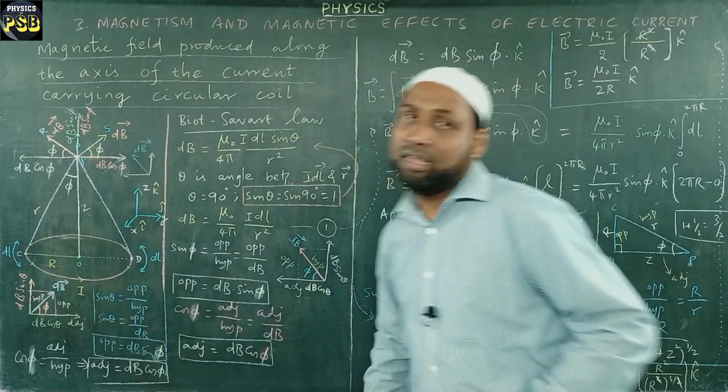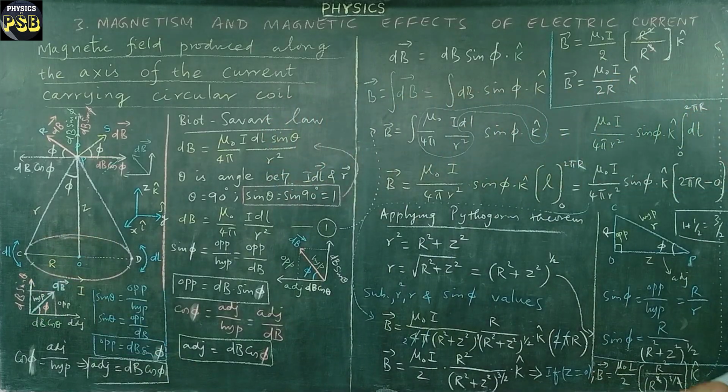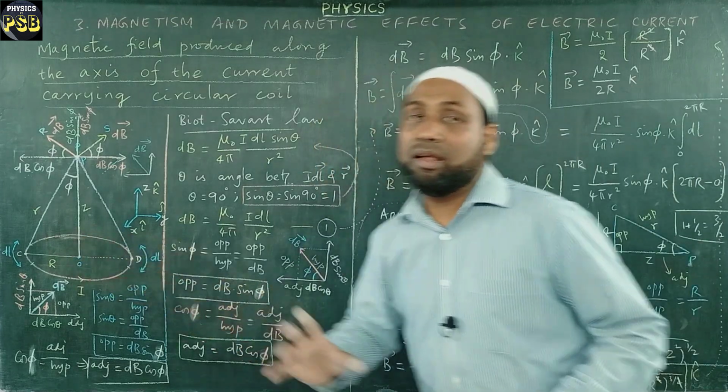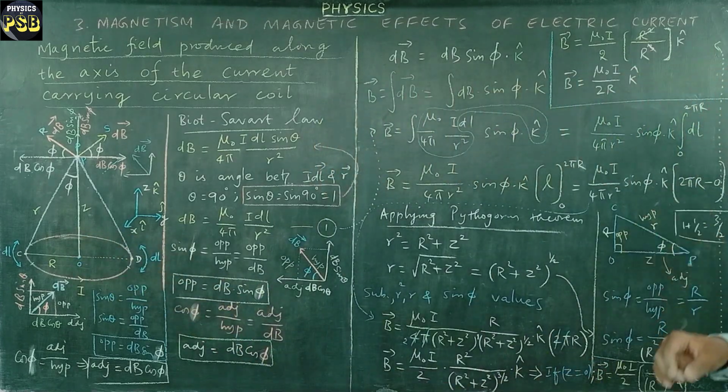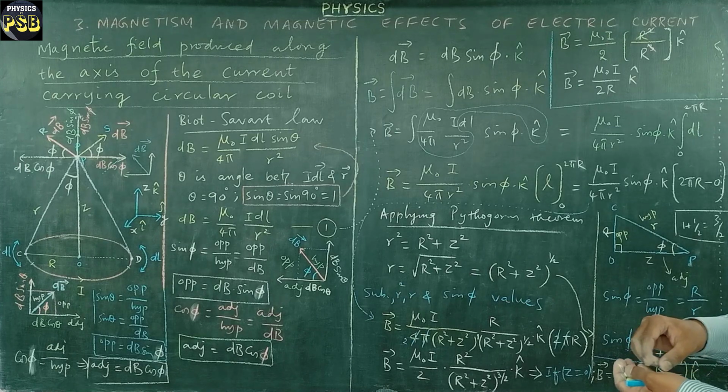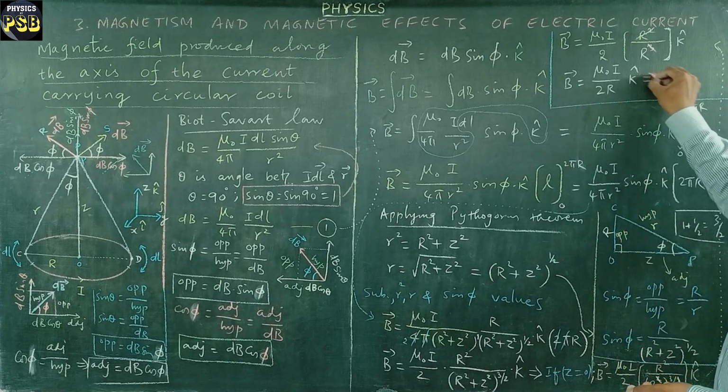Suppose this coil has got n number of turns, then it can be represented this way.